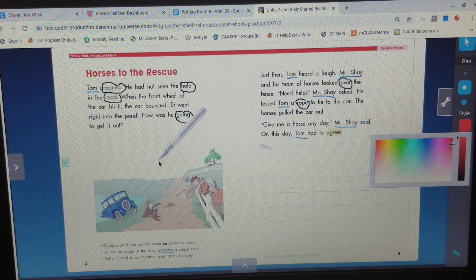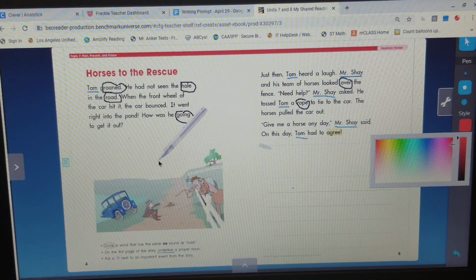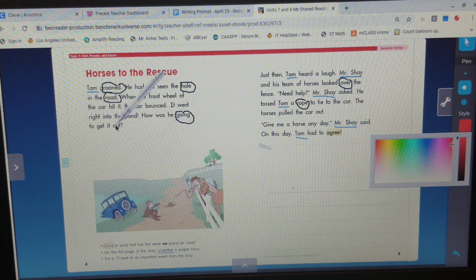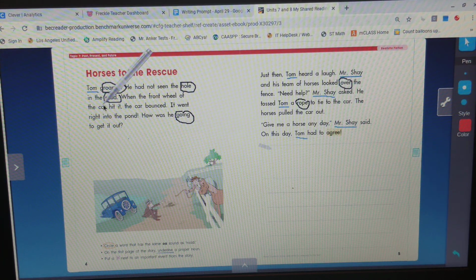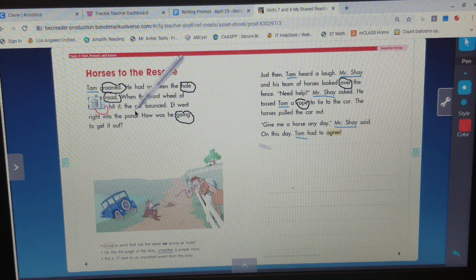I want you to see if you can find a thing noun on the first page. A noun that is a thing. Good. You can circle it. Car. Yes. And pond. Good.